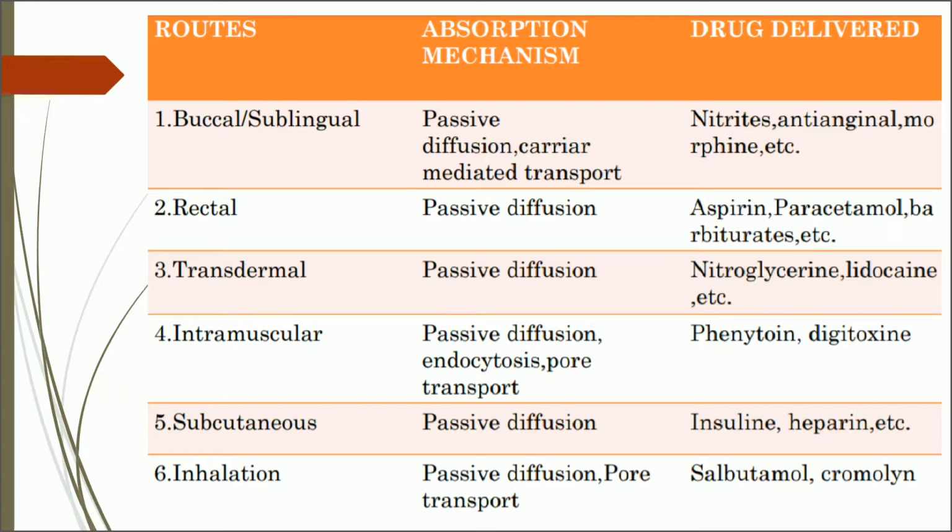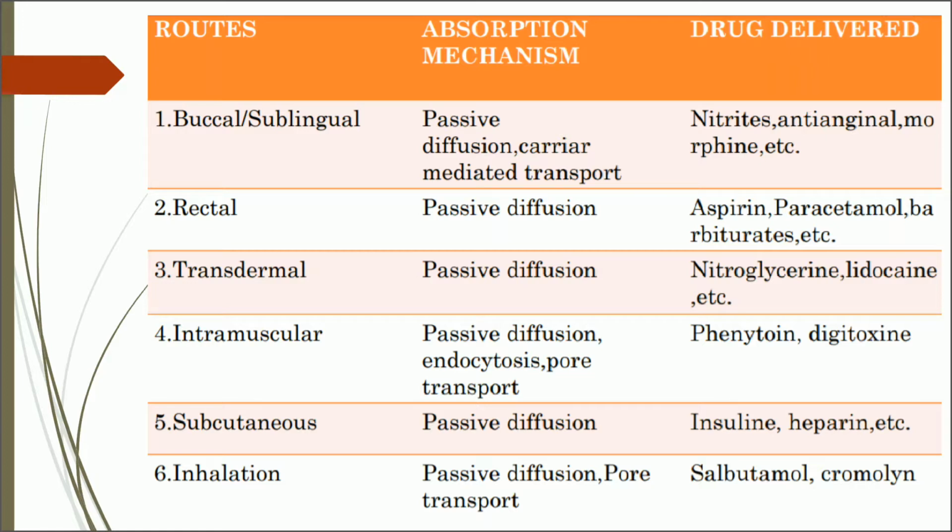Phenytoin and digitoxin are examples of drugs administered via this route. In case of subcutaneous route, the mechanism is passive diffusion. Insulin and heparin are administered via the subcutaneous route.